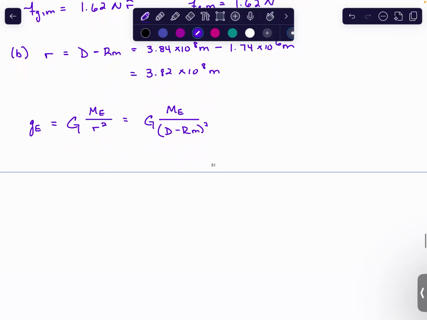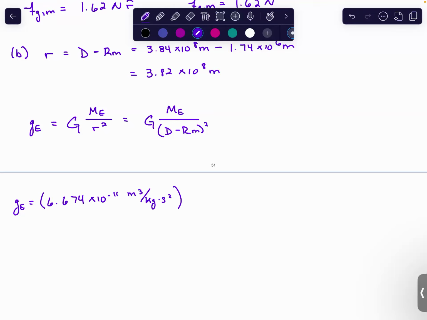And so this is going to become, at the rock, or at the surface of the moon, we're going to have G, which is 6.674 times 10 to the negative 11th meters cubed per kilogram second squared.